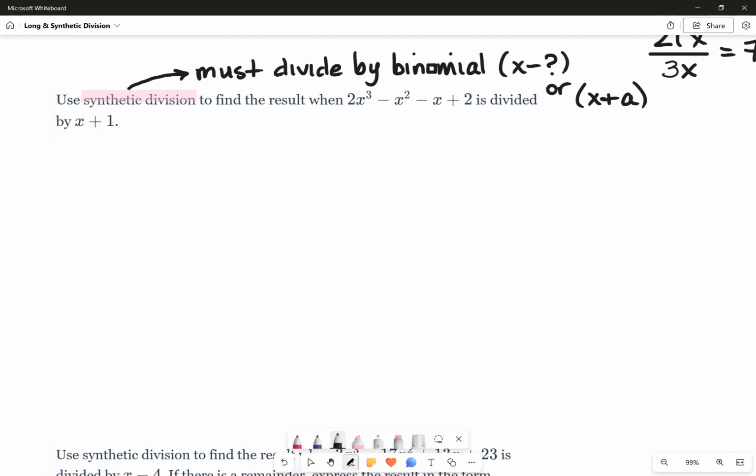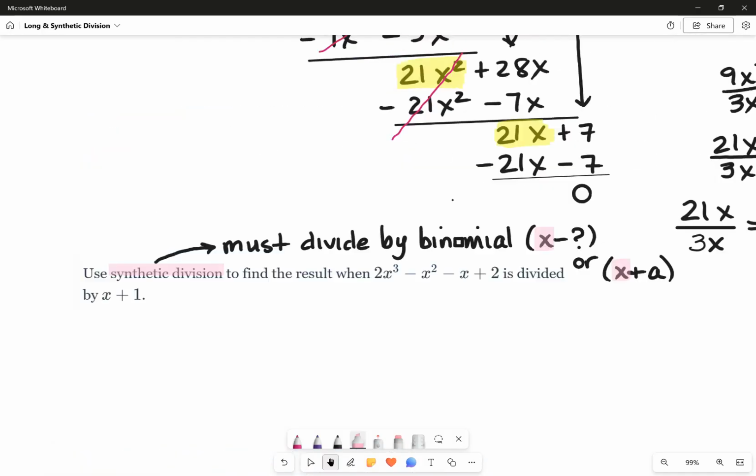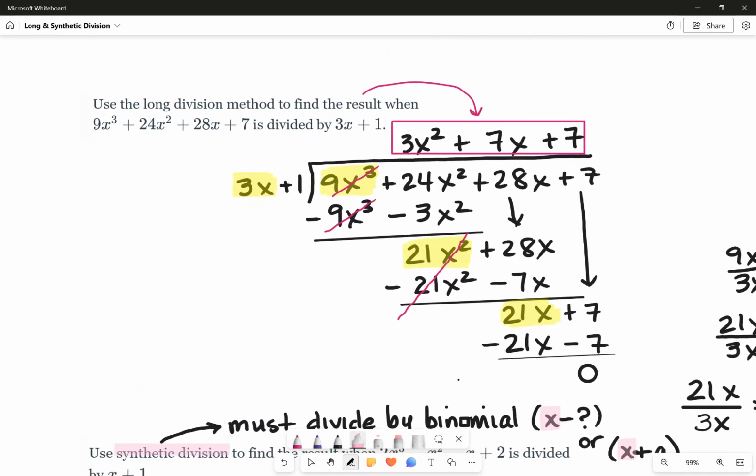So your binomial has to have an x value with a coefficient of 1. I want you to notice here, it's just an x minus a number or an x plus a number. So if you look at our previous problem, this binomial, 3x plus 1, did not have a coefficient of x that had a 1. And so we could not use synthetic division for this problem.